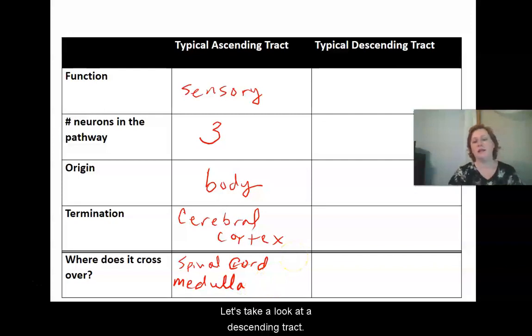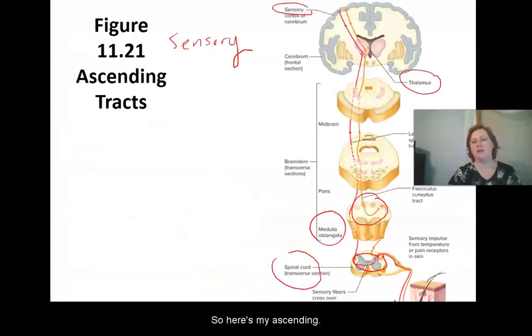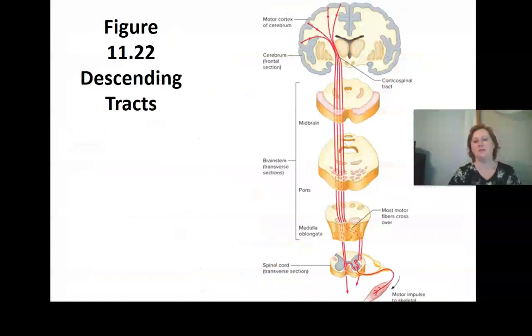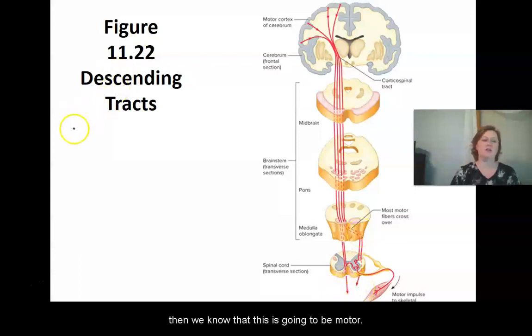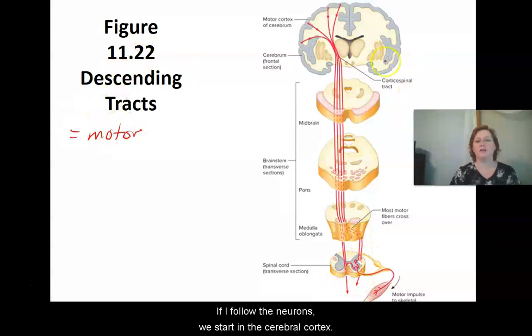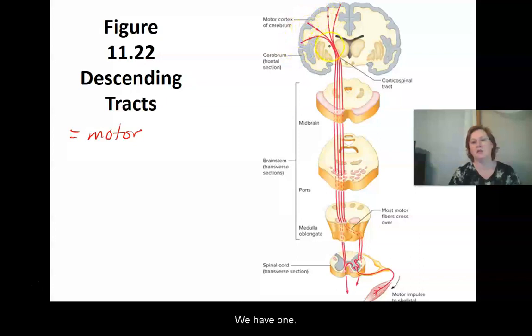Let's take a look at a descending tract. So here's my ascending. Now I'm going the other direction. Well, if my arrows are going down, like we can see here, then we know that this is going to be motor. If I follow the neurons, we start in the cerebral cortex, and we have one. Notice we don't go through the thalamus because, remember, that's my operator sending things up.